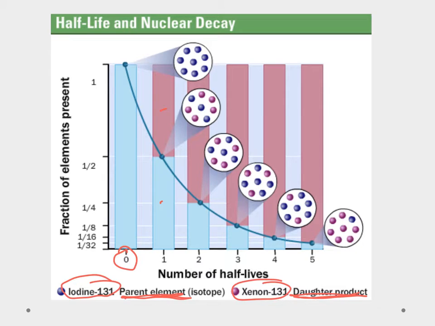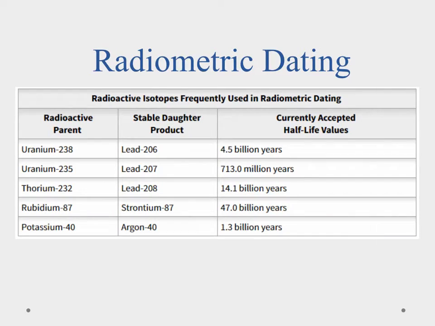We go through another half-life and we cut whatever we had in half, so now we have a quarter parent, and we'll have 3/4 daughter, and after 3 half-lives we'll have 1/8. And that helps us because we can look at that ratio from parent element to daughter product, and that's how we do radiometric dating.